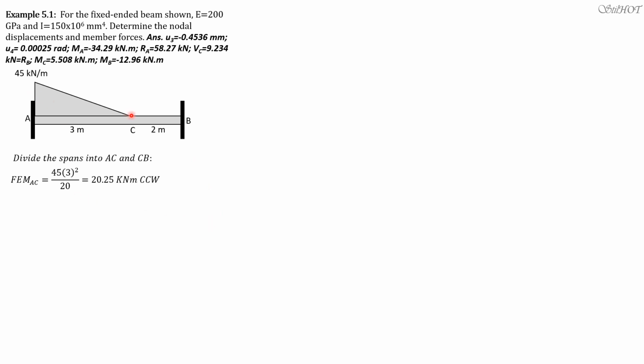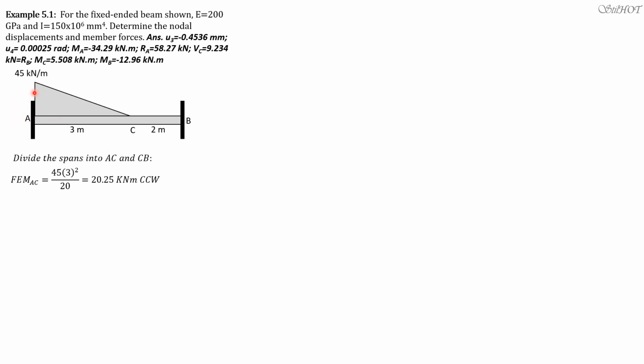Fixed moment formula, imagine that C is fixed, remember? So our fixed formula is W L squared over 20, 45 times 3 squared over 20, where L is 3, and it is 20.25 counterclockwise.